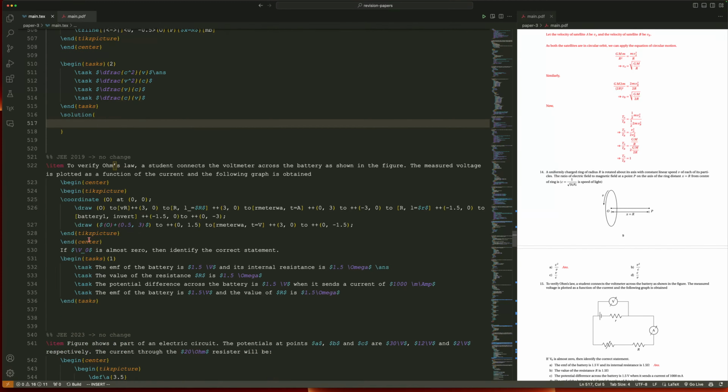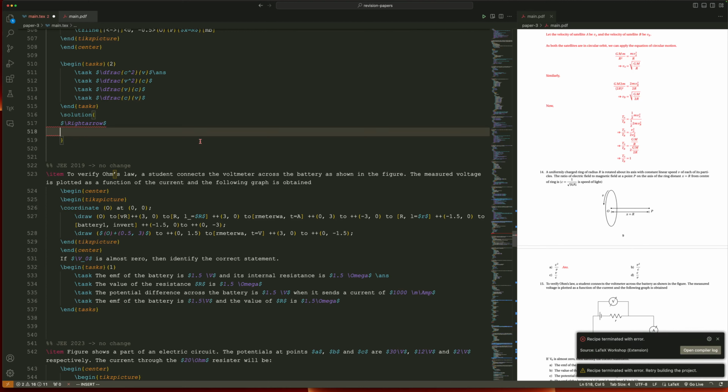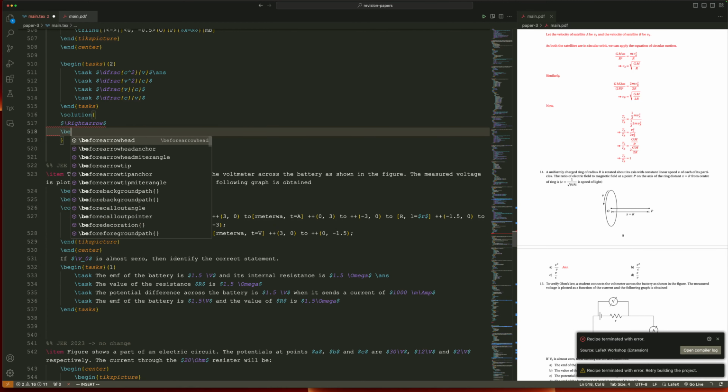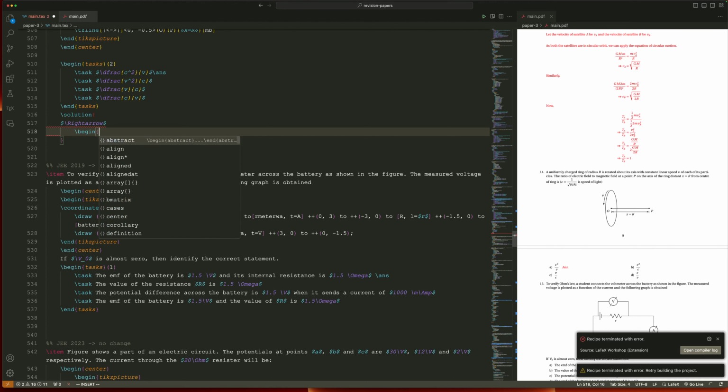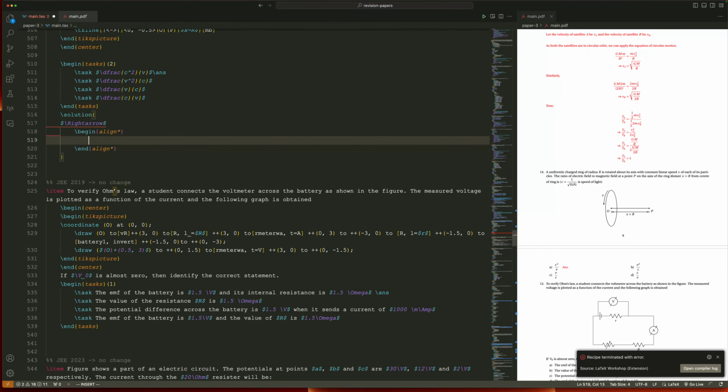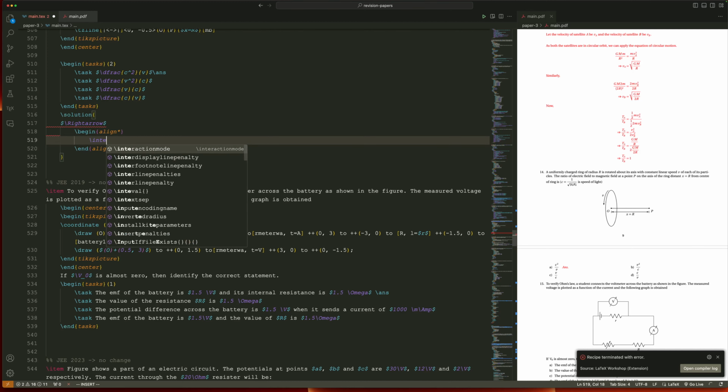So let's do it from the beginning. What is wrong with this part? Oh, right, arrows, everything is right. Let's begin a line, and then we can add the text.